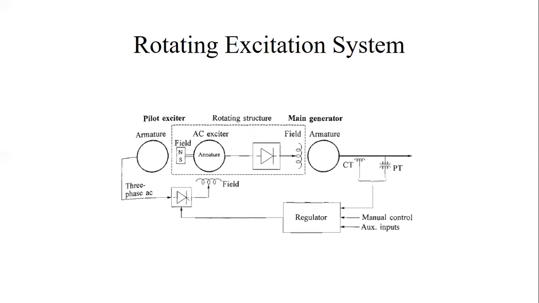A small AC pilot exciter with a permanent magnet rotor, as shown by N and S in the schematic diagram, rotates with the exciter armature and the diode rectifiers. The rectified output of the pilot exciter stator energizes the stationary field of the AC exciter. The voltage regulator controls the AC exciter field, which in turn controls the field of the main generator. Such a system is referred to as a brushless excitation system.